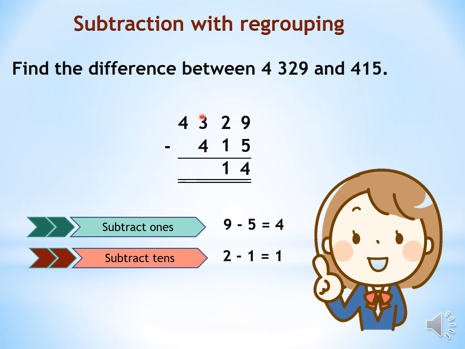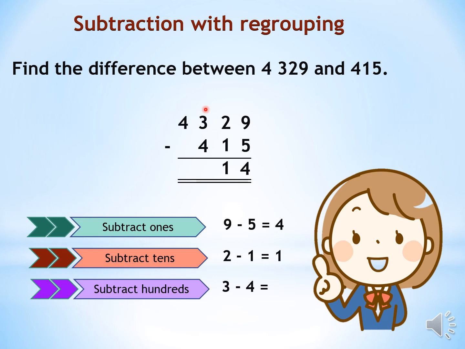Then we subtract the number of hundreds. 300 subtract 4 hundreds. Problem. Can we subtract 4 from 3? No. If we can't subtract 4 from 3, then what should be done, children? Yes, of course. When we face those problems while finding the difference, we get the support from the next place. So here we can borrow 1 from the thousands place.